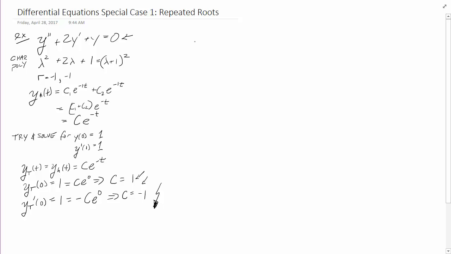And so the workaround, the solution, is to try a different form. We'll call this c1 t e to the minus t plus c2 e to the minus t. We know that the roots are going to be the same, so the powers in the exponents are going to be the same as we had before.